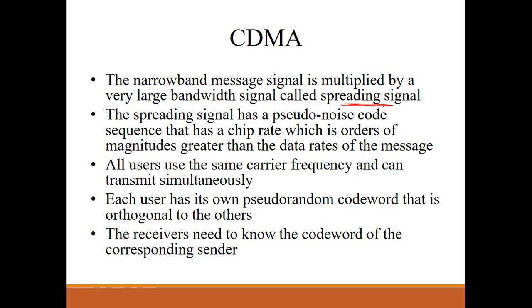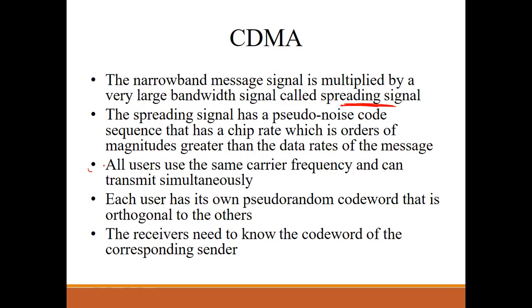Here also we will use approximately the same type of thing. The spreading signal has a pseudo noise code sequence that has a chip rate which is orders of magnitude greater than the data rate of the message.